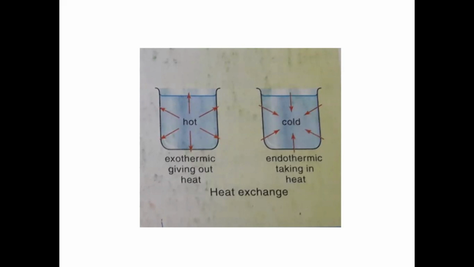Surrounding involves, for example, if you are having the reaction in a beaker, the air around the beaker, the thermometer which is dipped in that mixture, or maybe a stirring rod. These all come in the surrounding. When the surrounding temperature increases, we call it an exothermic reaction or exothermic change.